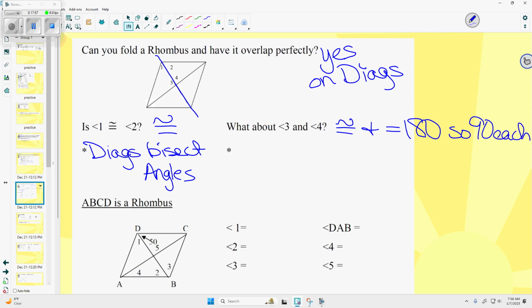so if we have those two diagonals meeting here in the center of my rhombus, creating 90-degree angles, what are the diagonals to each other? What kind of lines make right angles? Perpendicular. So your diagonals are perpendicular. Did that happen in the parallelogram?